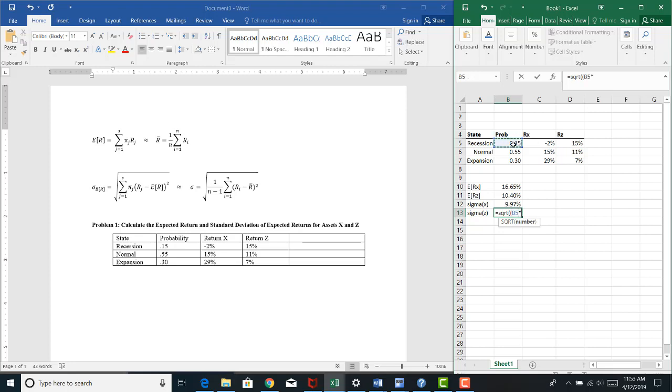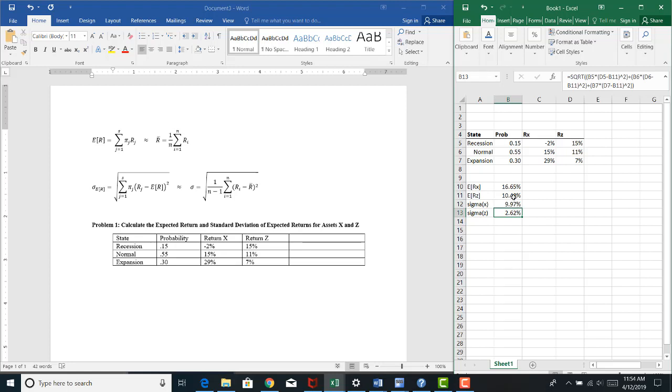Take the probability of the first economic state occurring times the squared difference between the returns for stock Z and the expected return of stock Z squared, plus the probability of the second economic state times the returns to stock Z in that second state minus expected returns for stock Z that we just calculated, square it, plus the probability of the third economic state times the squared difference between the returns to stock Z in that state and the expected returns, square it, close my parentheses, and I get a standard deviation of only 2.62%.